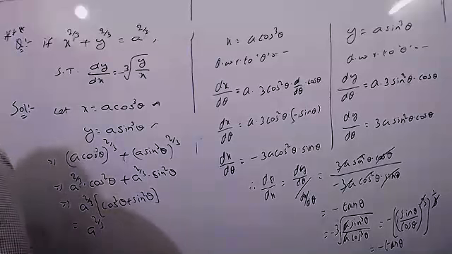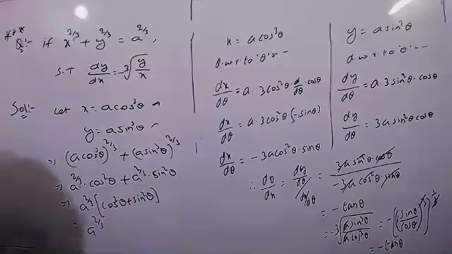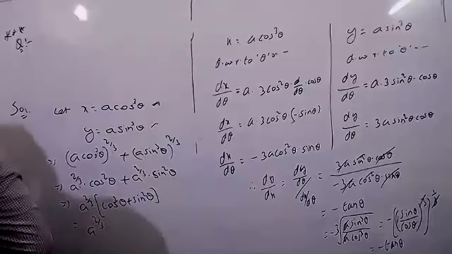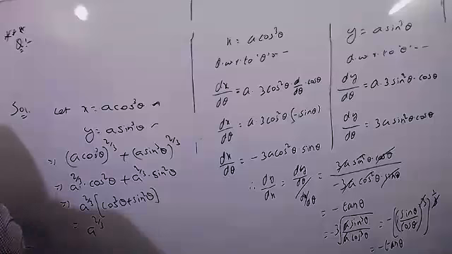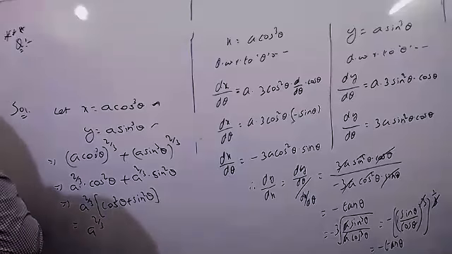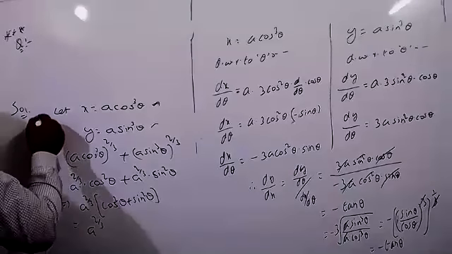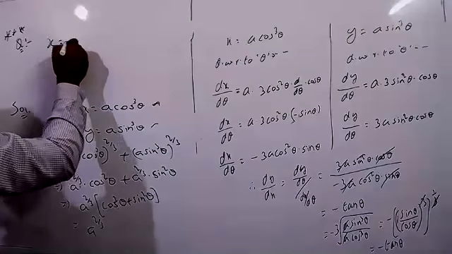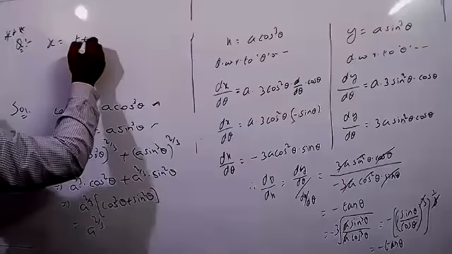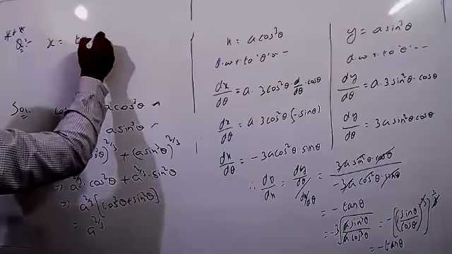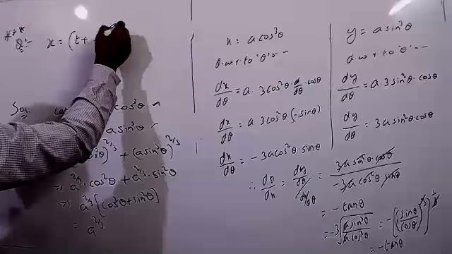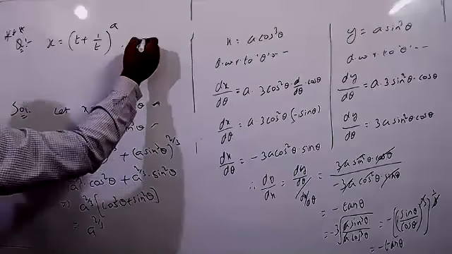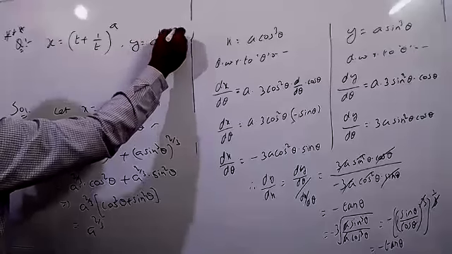Think of the previous model we did. We did one question previously, but one more time you can write it now. For a positive constant a, find dy by dx, where x equals (t plus 1 by t) whole power a, and y equals a power (t plus 1 by t).